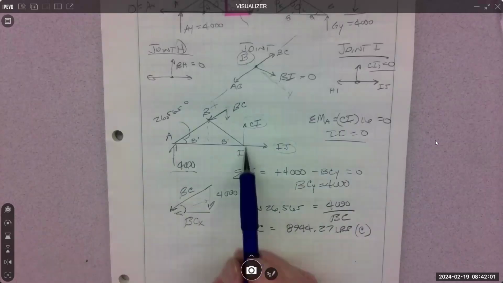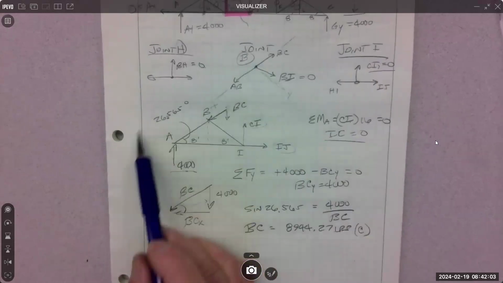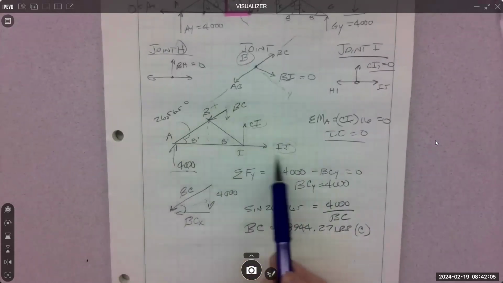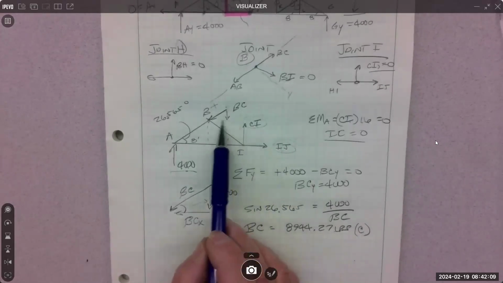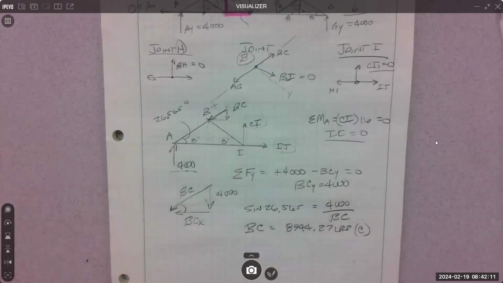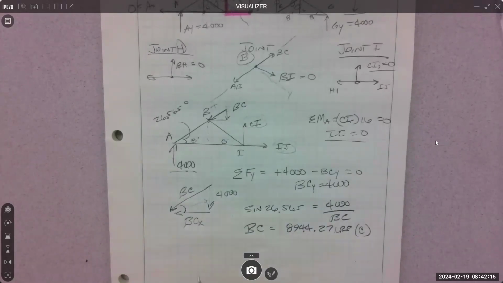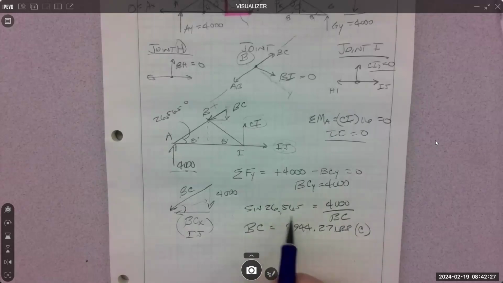And looking at this, what's IJ equal to? Equal to the X component of BC. So this and IJ are equal to each other, these two. So we can just use this same triangle. Cosine this time, right?